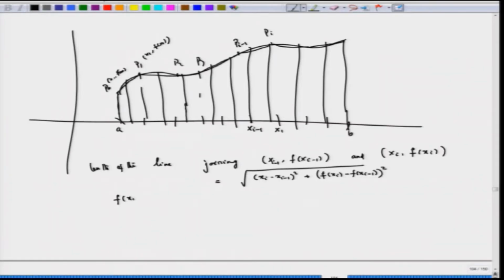Then observe that (f of x I minus f of x I minus 1) divided by (x I minus x I minus 1) is equal to f prime of x I star, where x I star belongs to (x I minus 1, x I), by the mean value theorem for nice f.